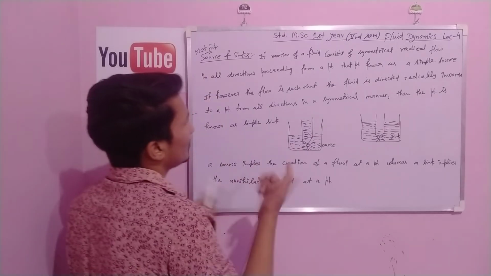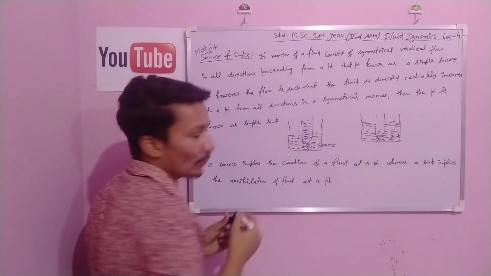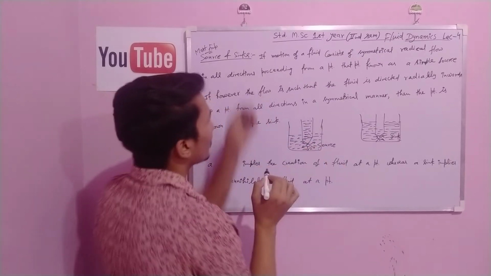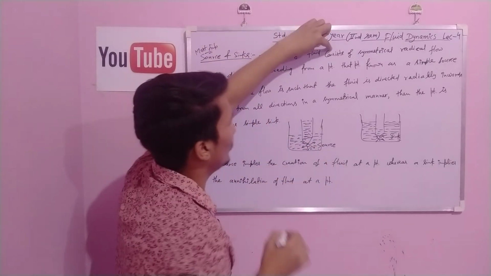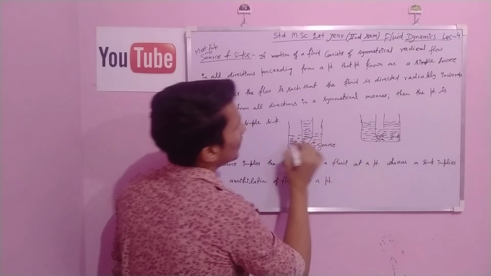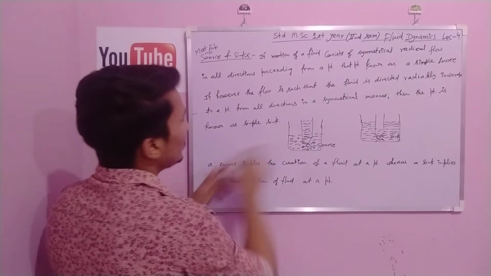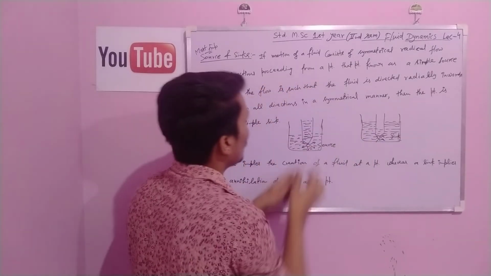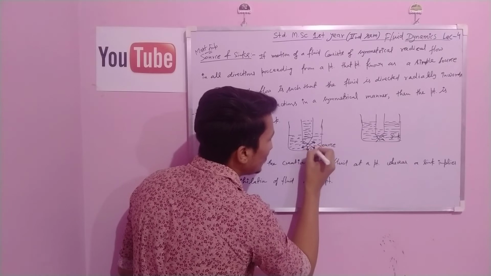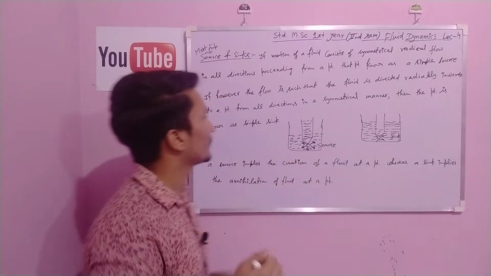What is a source and sink? Suppose you have a pot and there is fluid in it. If the motion of the fluid consists of symmetrical radial flow, proceeding from a point in all directions, it is known as a simple source.